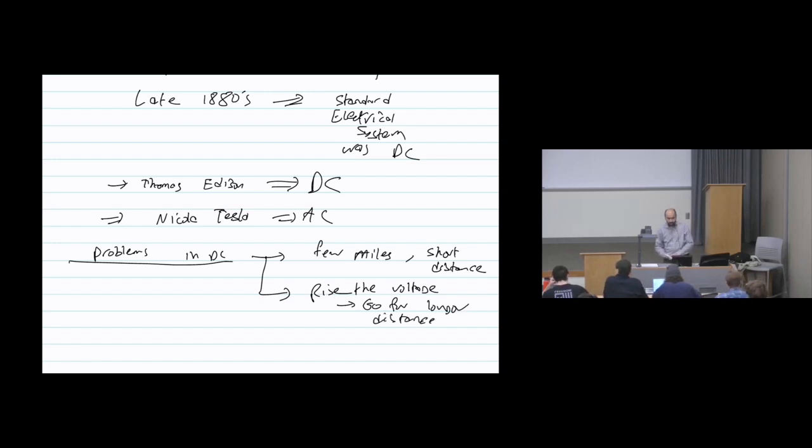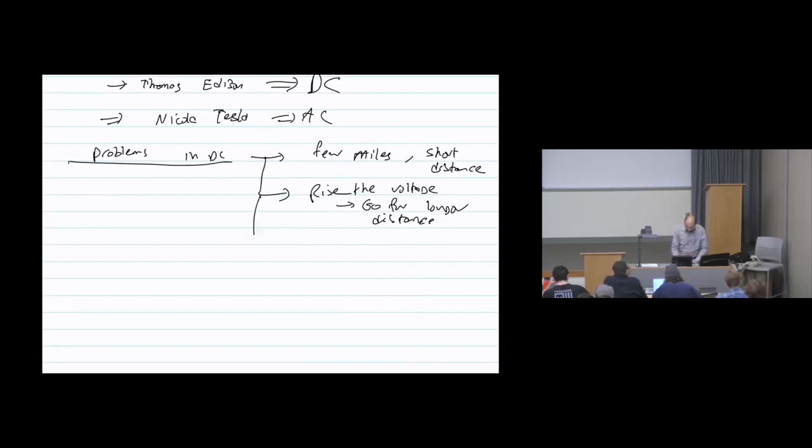But at this time, unfortunately, it was hard to step up or step down DC voltage. If we step up the voltage, for example, to 100 kilovolts, at the customer we need to step it down, because your home is, for example, 120 volts, you cannot make it 100 kilovolts. So you need step-down voltages, and at this time, it wasn't easy to step up or step down.